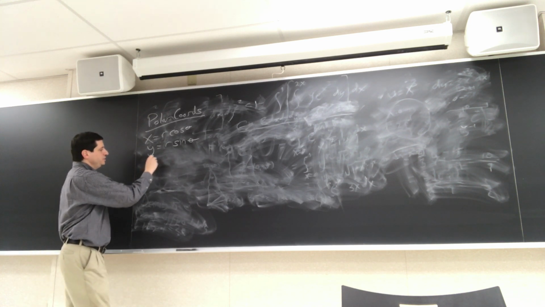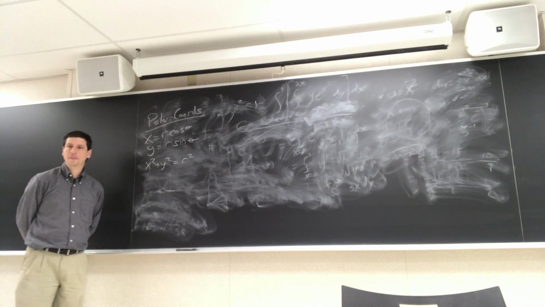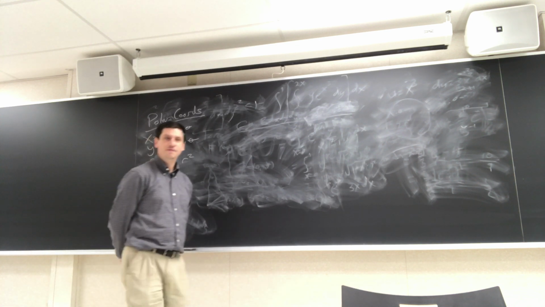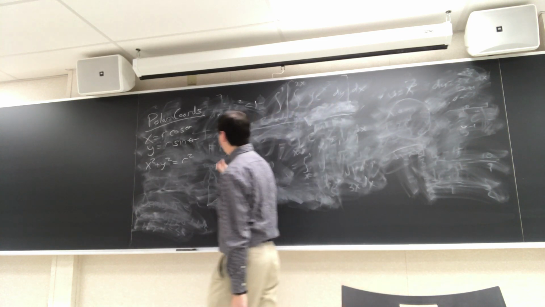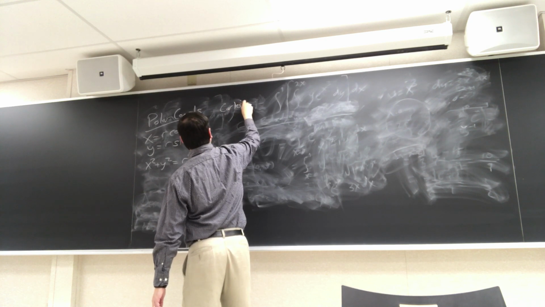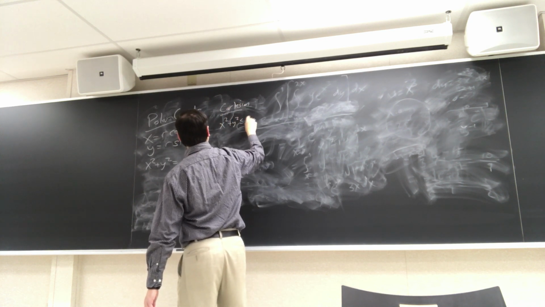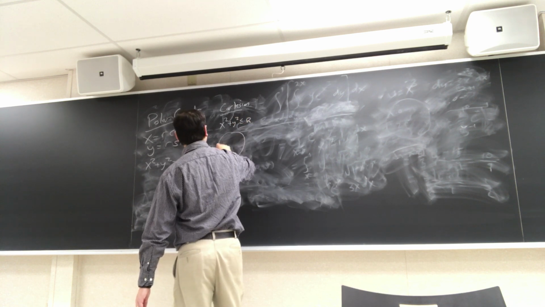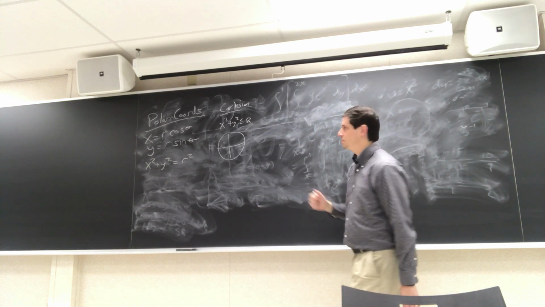We have the beautiful relation, x squared plus y squared is r squared. And so the idea is we want to figure out how to calculate integrals in polar coordinates. Now, a circle in Cartesian, if I give you x squared plus y squared is less than or equal to r squared, that's what it looks like in Cartesian coordinates.